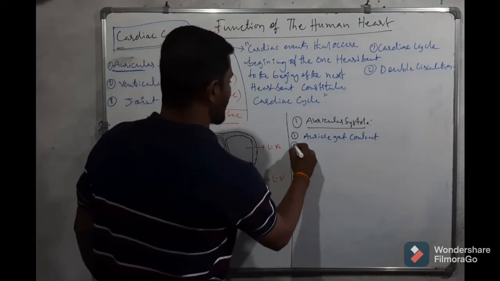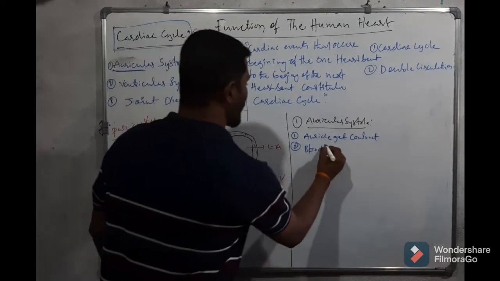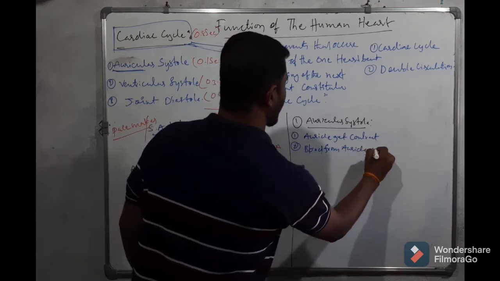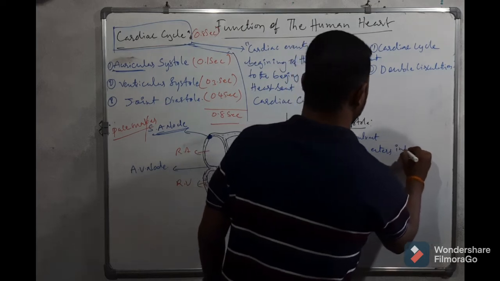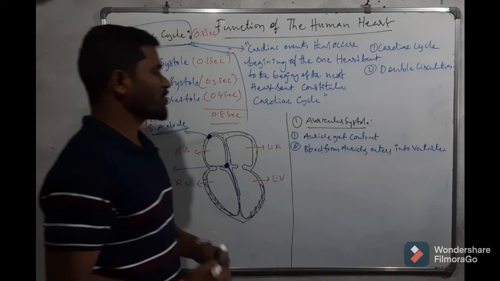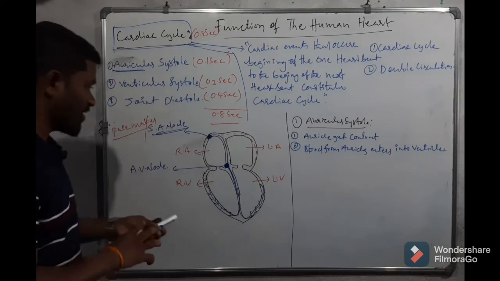Second, the blood from the auricles enters into the ventricles. The blood present in the auricles enters the ventricles.